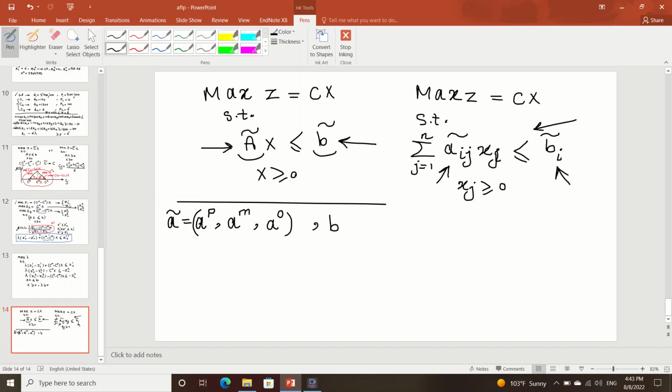And for B, you consider B pessimist, B moderate, and B optimist.